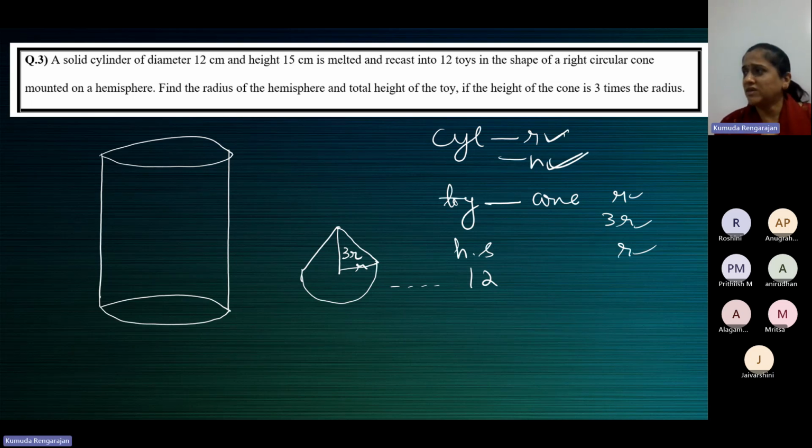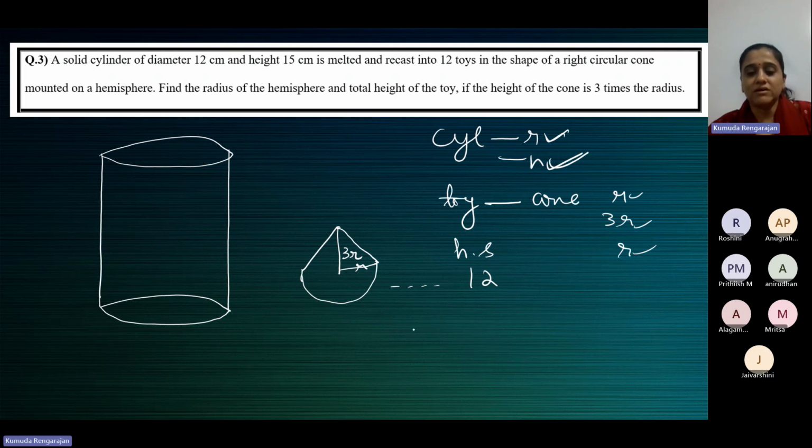Radius of the hemisphere is not given. It's R. What's the height of the hemisphere? R. What is the radius of the cone? R. What is the height of the cone? 3r. Online children?